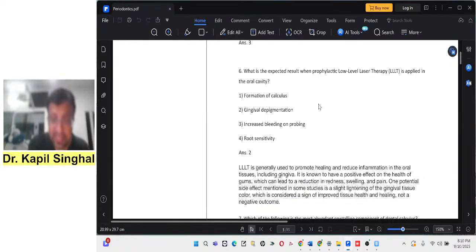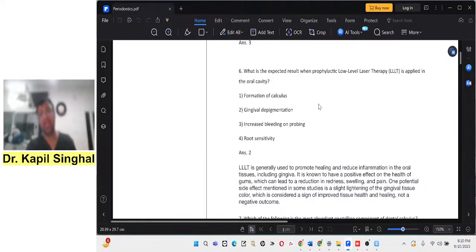Though it has been seen that LLLT, when it is given, it leads to some melanin pigmentation reduction, because it reduces the inflammation. As the inflammation reduces, the redness will reduce, so the depigmentation will happen. So the answer here would be gingival depigmentation.